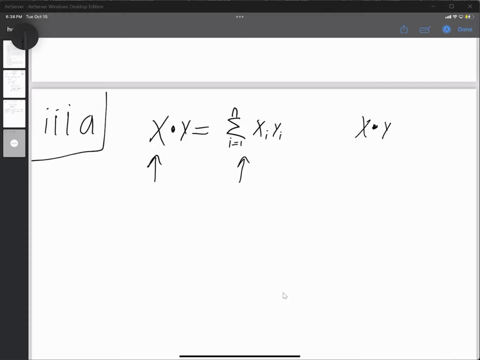The summation of each part of the vector is basically the same thing as doing the dot product. Good to remember that this is actually equal to the dot product, the summation. If you have a summation and two variables in there, you could rewrite it as x dot y.